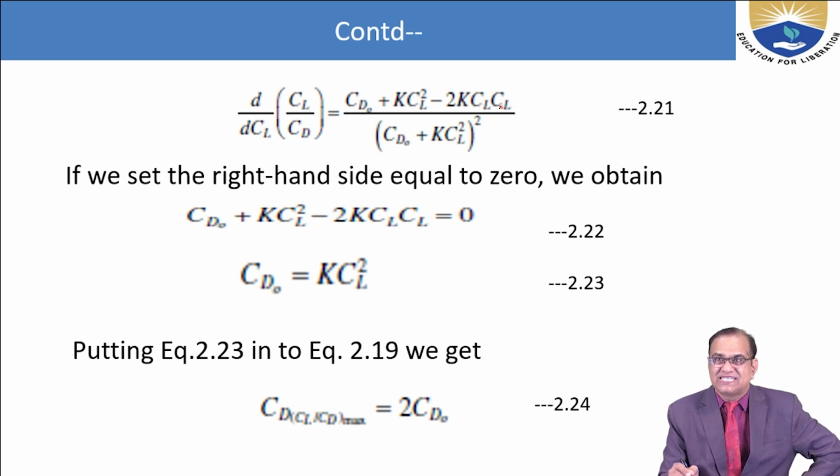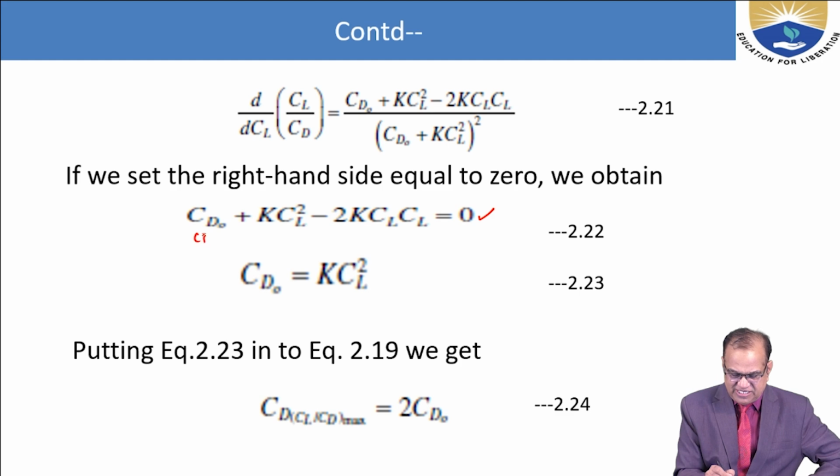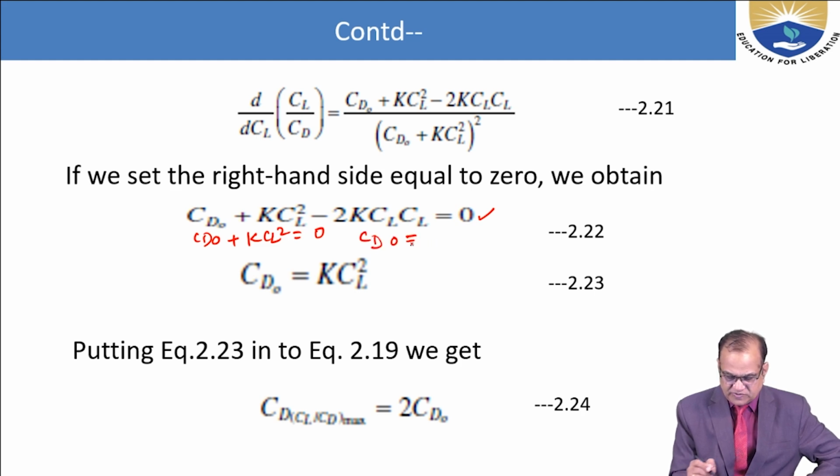So here 2K CL square and here is K CL square. So we will get CD naught plus K CL square minus 2K CL square equal to 0. So CD naught is equal to K CL square, or CL square is equal to CD naught by K, or CL is equal to under root CD naught by K.